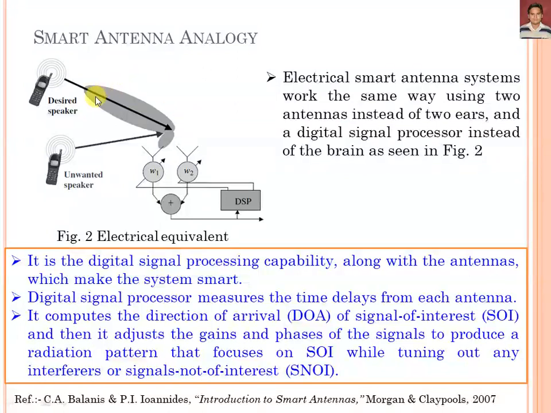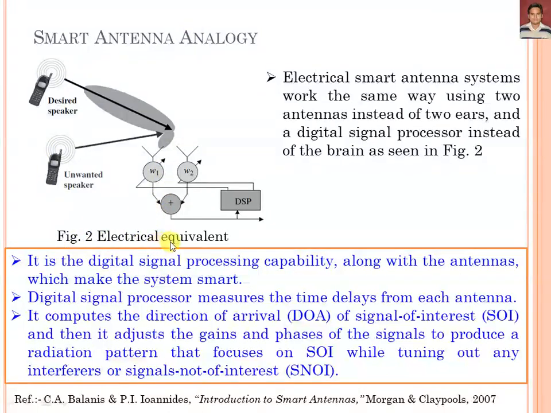In the smart antenna analogy, we can represent an equivalent smart antenna system working in the same way using two antennas instead of two ears. In the human analogy, we consider two ears, but in the case of smart antenna, we are using two different antennas and a digital signal processor instead of the brain, as you can see in figure 2.